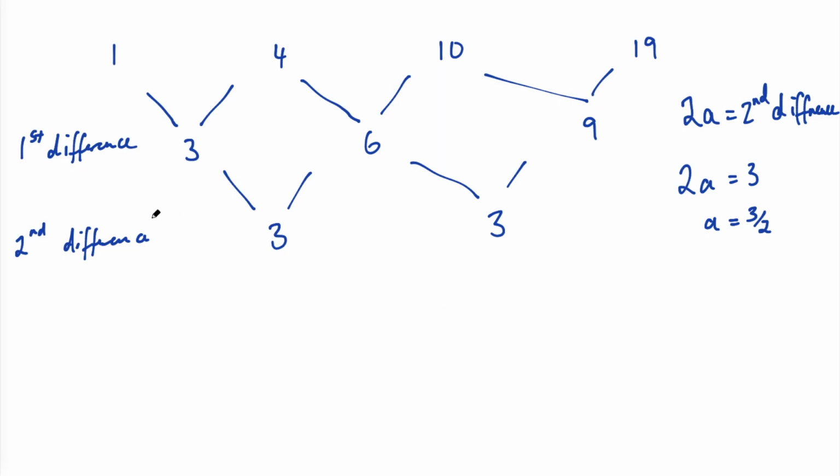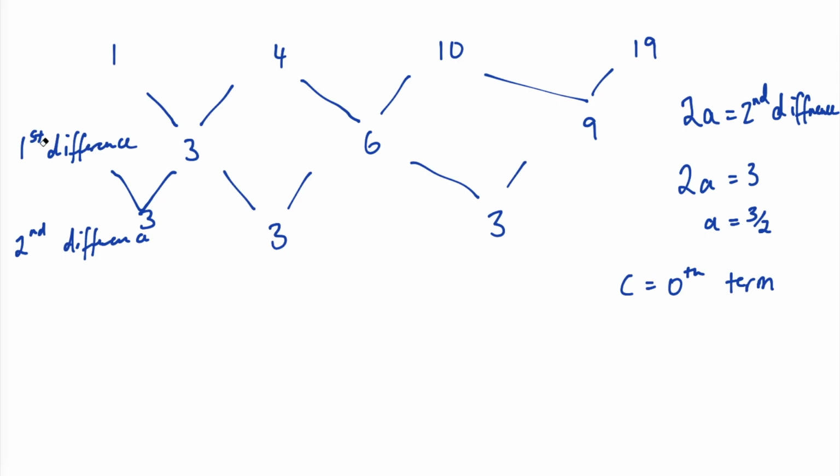So c, you can think of c as the 0th term. What do I mean by the 0th term? That's the term that if you went to the left, it would be the next term on the other side of 1. How do we get there? Well, let's use the second difference. So it would still be 3 here.